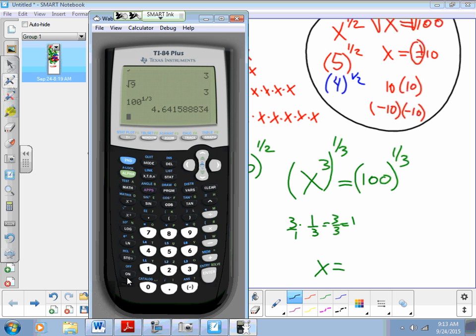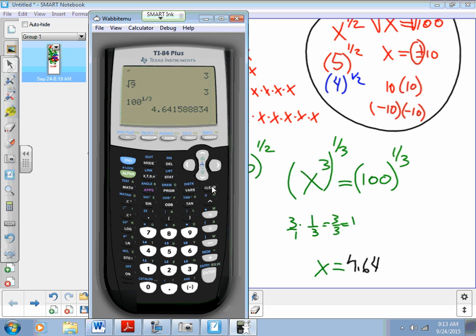100 to the 1/3 power was 4.64. If I were to raise that number to the 3rd power, I'm going to raise the answer that I just got to the 3rd power.